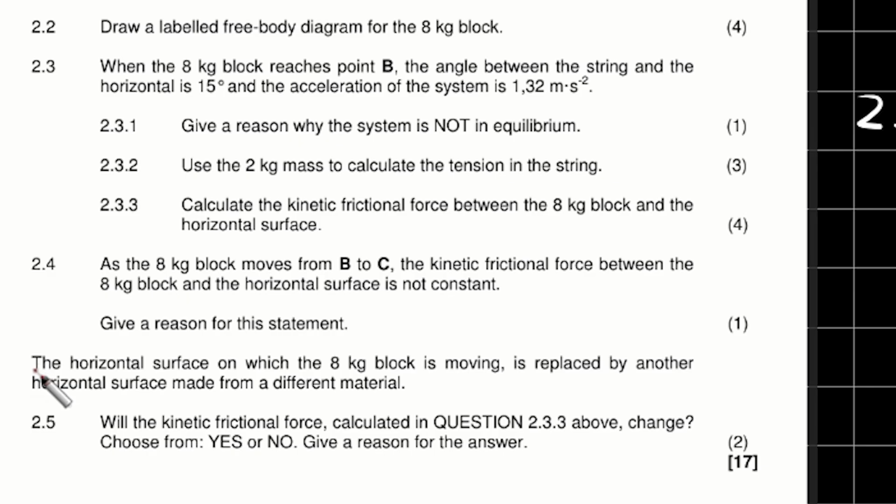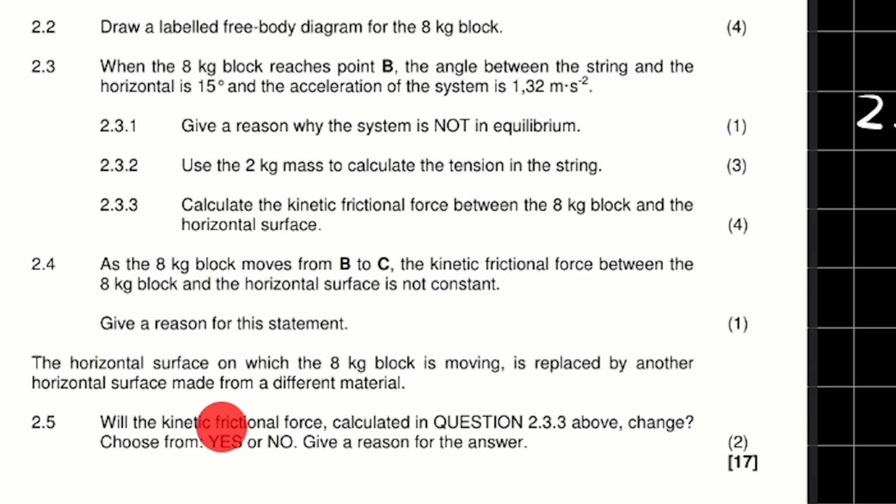Then they state that the horizontal surface on which the 8 kg block is moving is replaced by another horizontal surface made by a different material, with a kinetic frictional force calculated in 2.3.3 above. Change, choose yes or no. Give a reason for the answer.